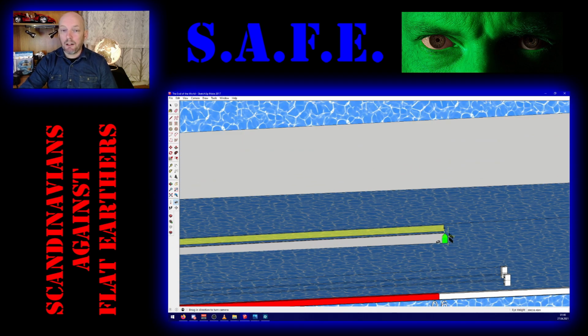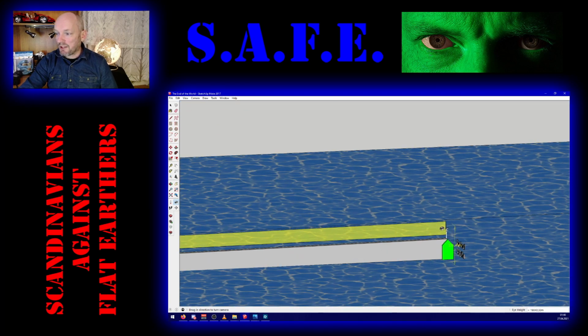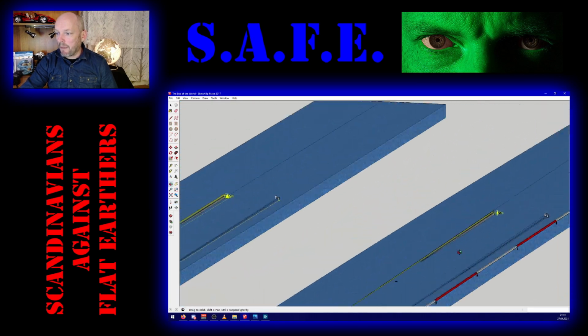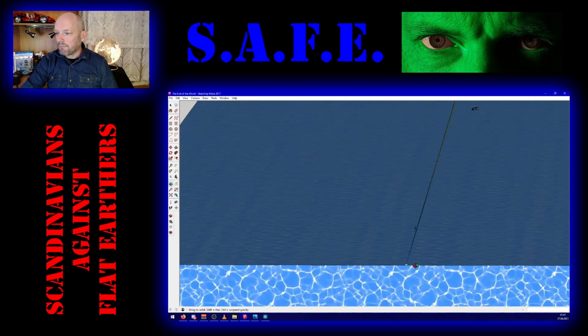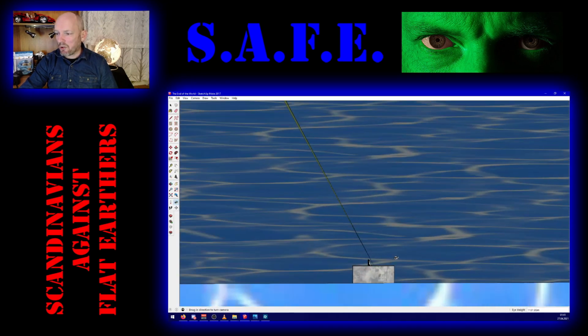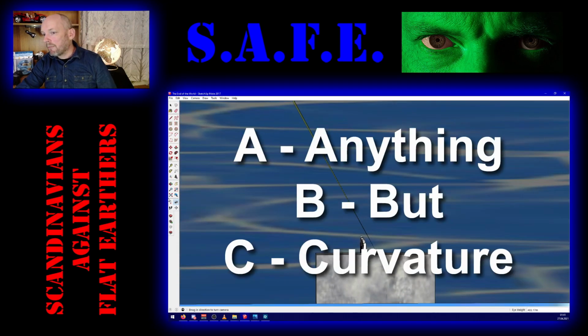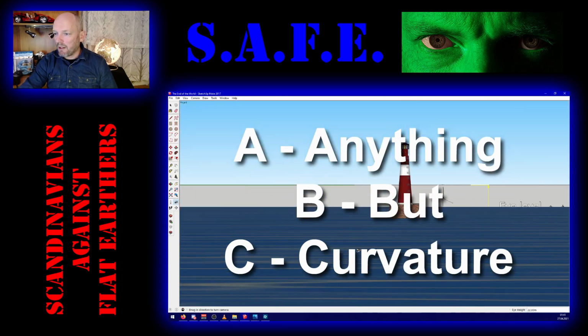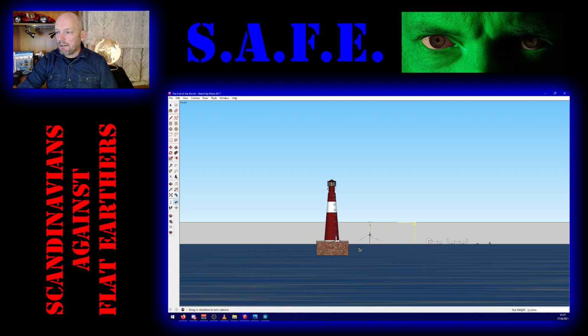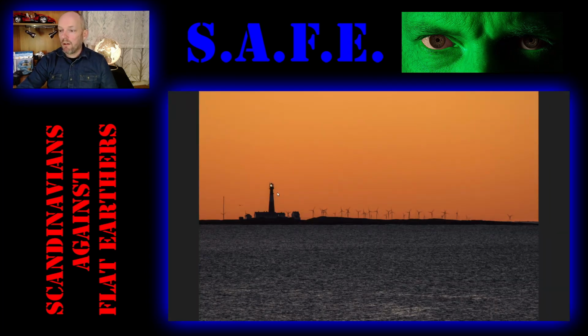On the globe Earth, this is what I see, and it makes a little bit more sense actually. So you have your ABC, nothing but curve. Yeah, this is curvature, and it matches perfectly what I see in my observation, where the wind turbine is below my eye level.